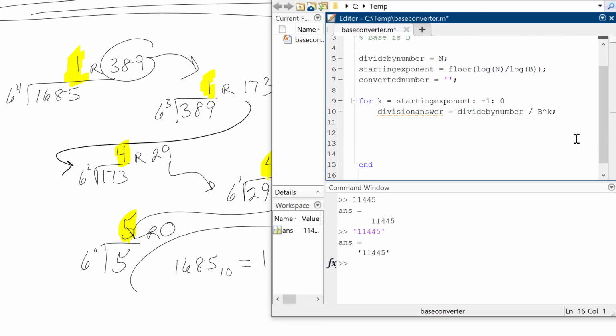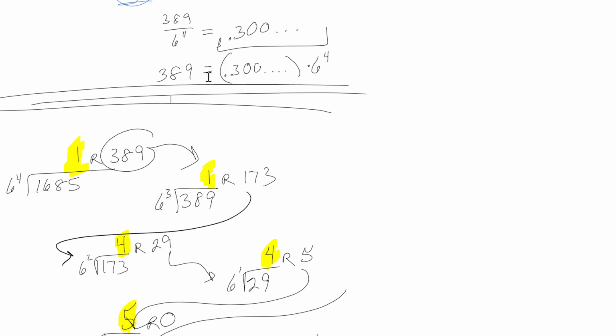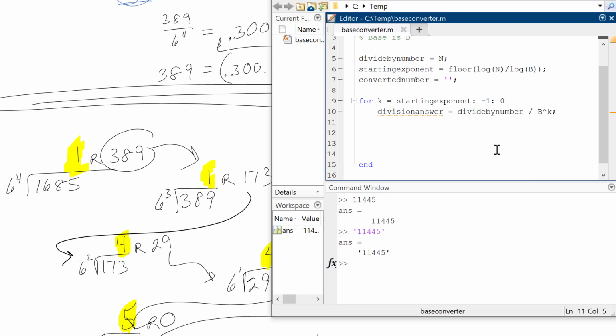Okay, so for the division answer, what I did with that, it became 1.30015. Remember, that's what that was. And so what I want to do is get the digit that I want.